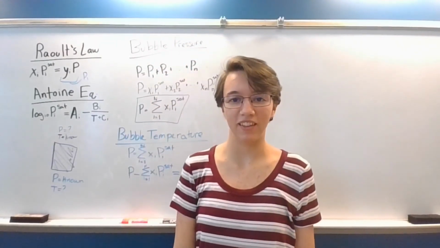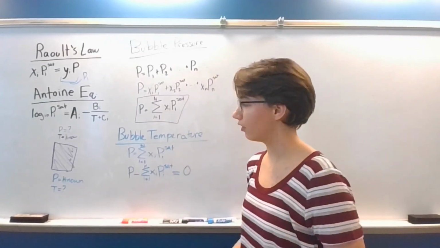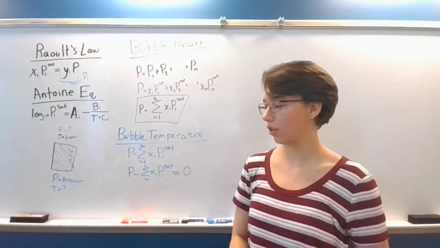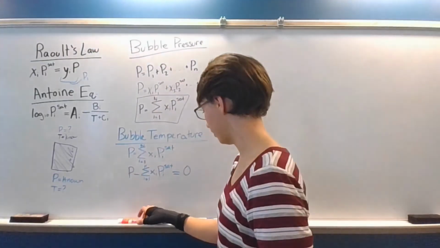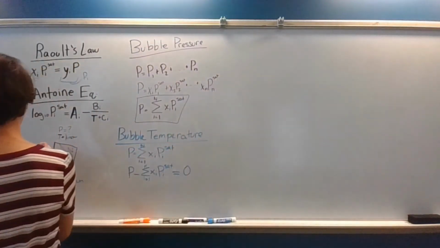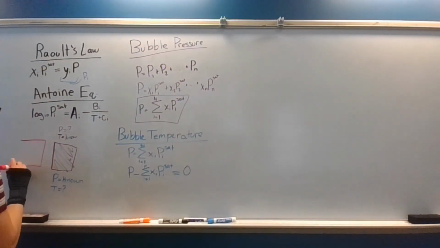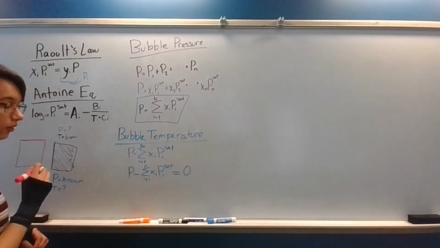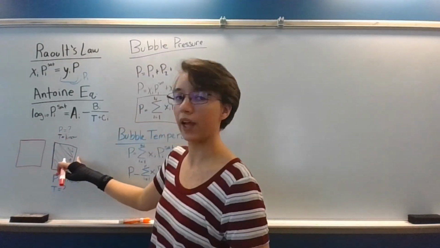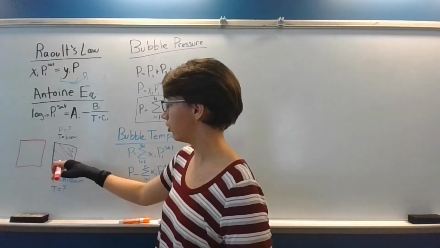Alright, so the next quantity that we're going to want to look for is called the dew pressure and the dew temperature. This will be a different scenario than this. This time we're going to have a container, but it's going to be filled entirely with the vapor phase. Over here we had it filled with liquid and we were turning it into vapor.